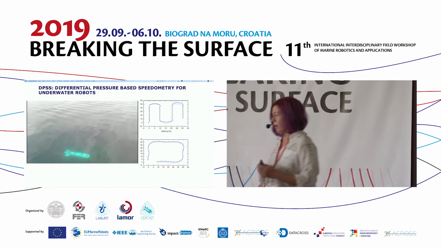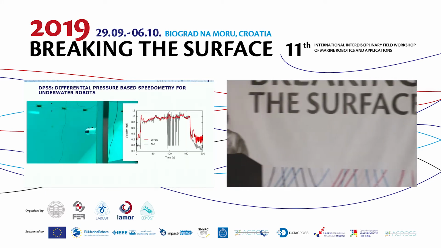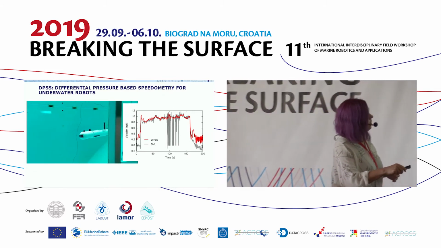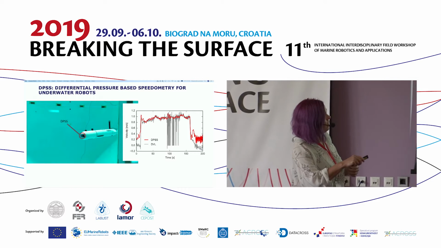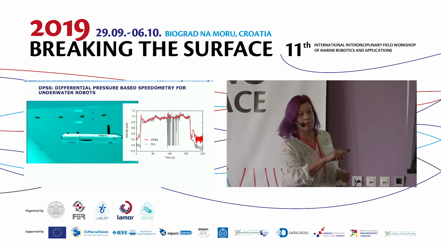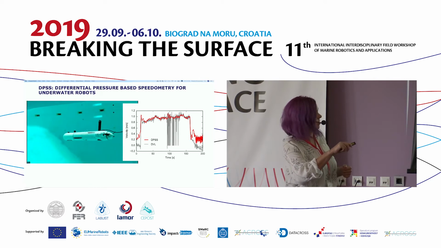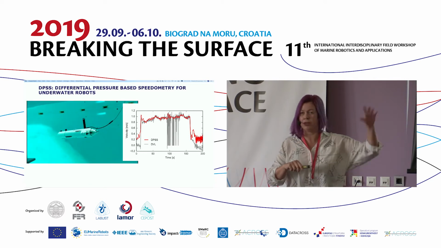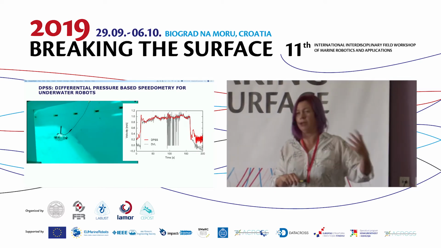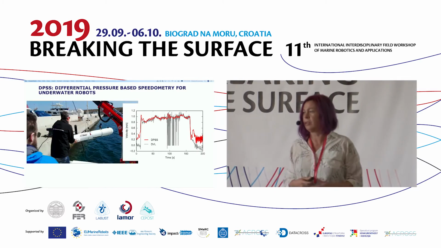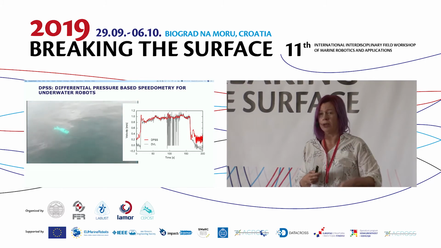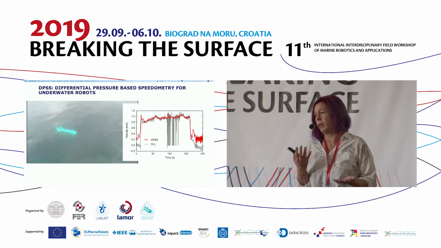But there's also a 4th advantage that we figured out quite soon during the experiments. Here is an example where we are in a harbor in Girona and go next to the wall. You can see that the DVL gives you reflections from the harbor constructions, whereas the passive sensor still works very well. So there are environments where acoustics simply don't work or work very badly.